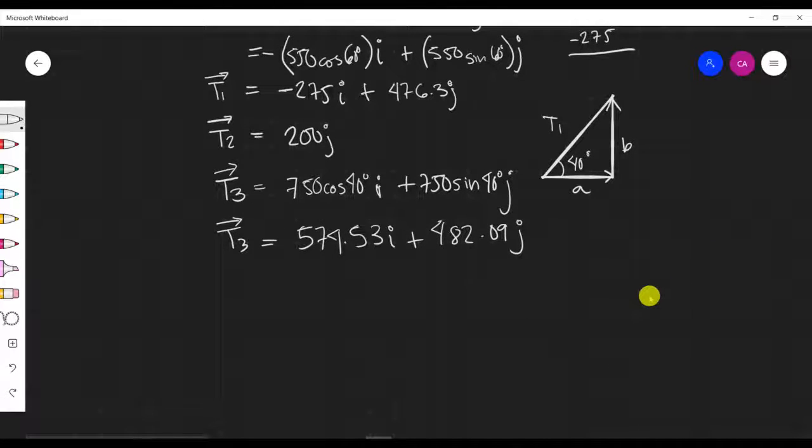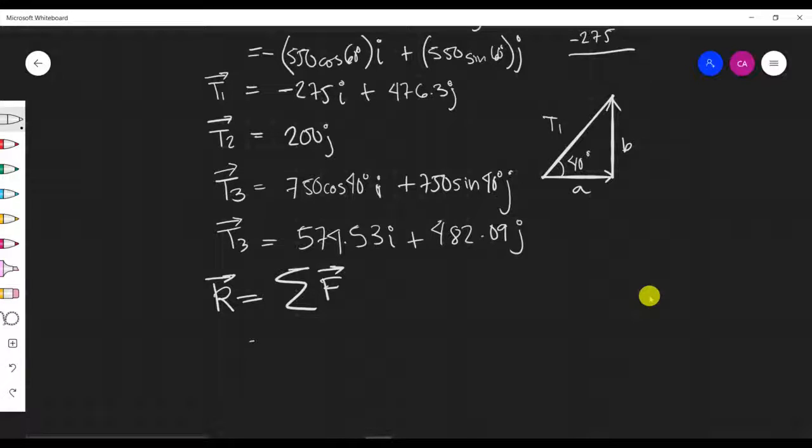So, yung formula natin, kung pinanood niyo yung video na pinost ko kahapon, R is equals to the summation ng lahat ng mga vector na nasa system. Okay? Or kumbaga, the reduced force or reduced vector or the resultant vector is equals to the sum ng lahat ng vector.